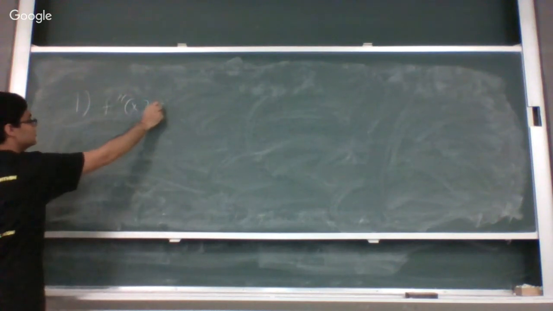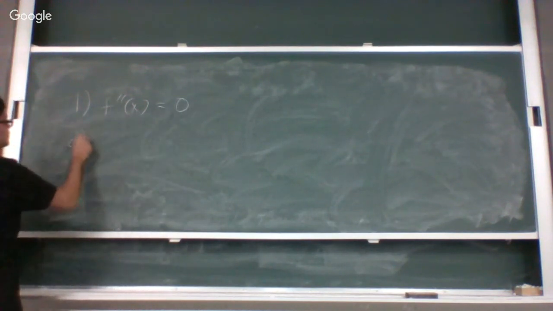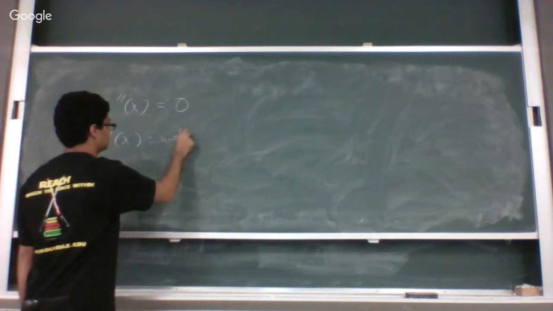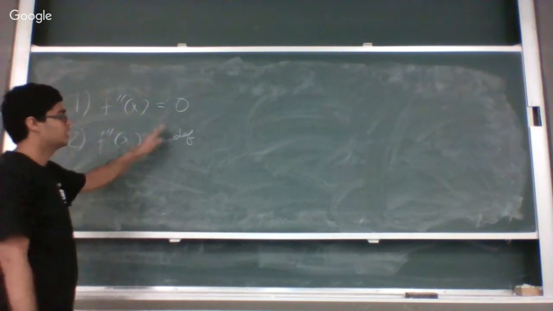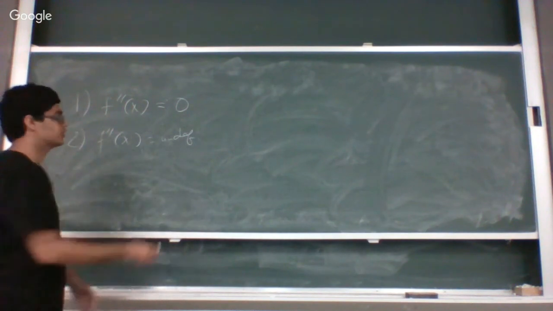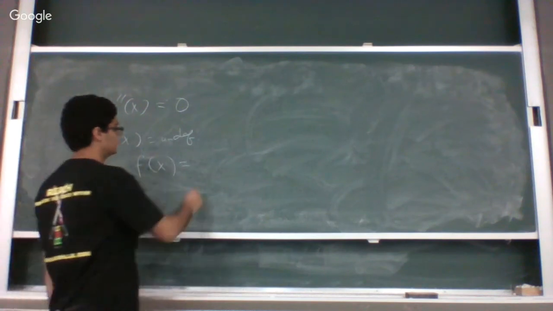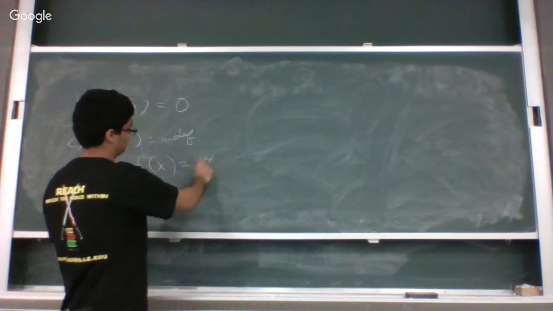Second derivative equals 0, and second derivative is undefined. And once you get those possibilities, you still need to show a unique slope. So that has to equal a number.